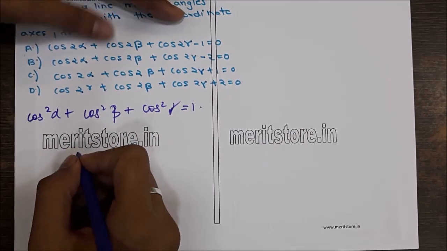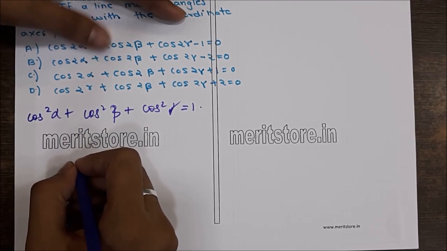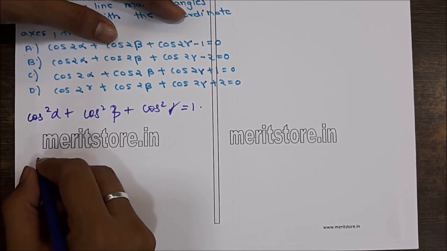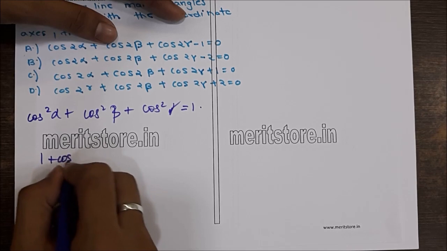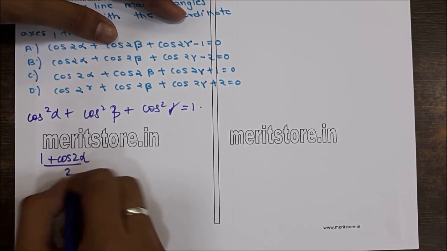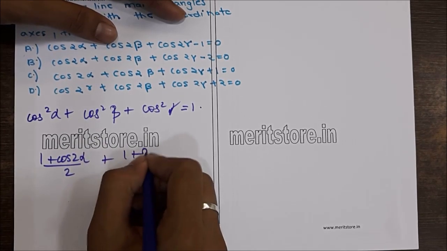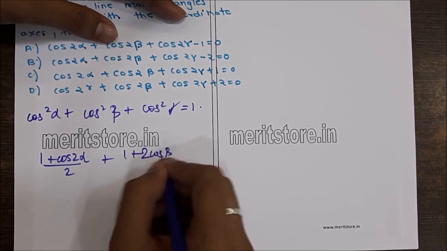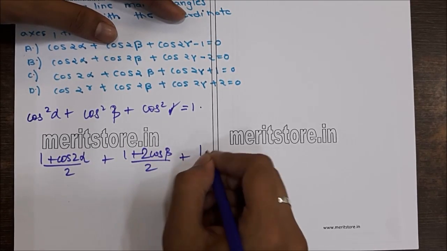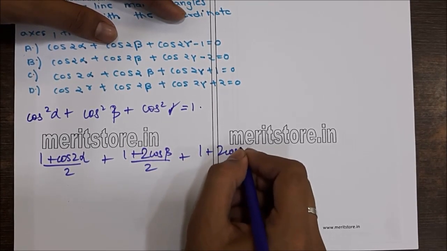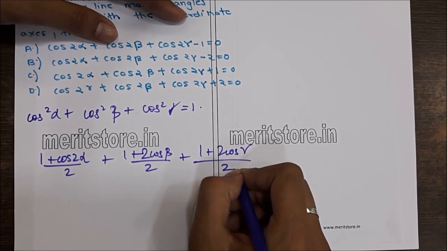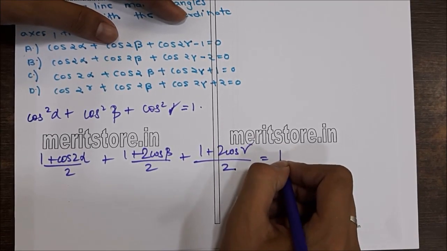So further simplifying this, we'll get 1 plus cos 2 alpha upon 2 plus upon 2 is equal to 1.